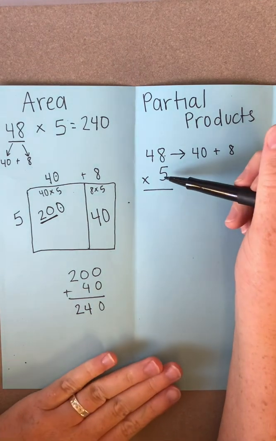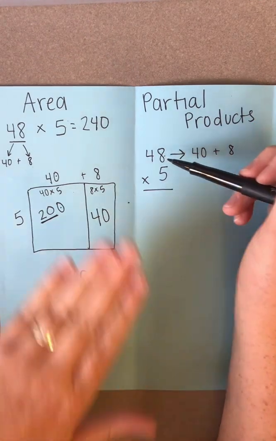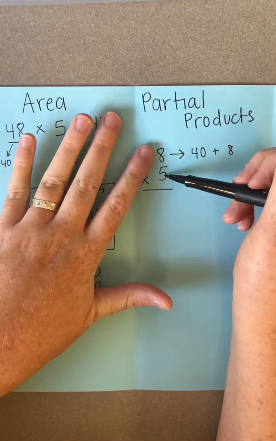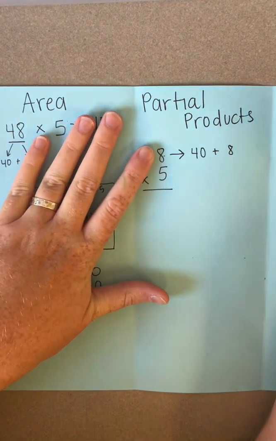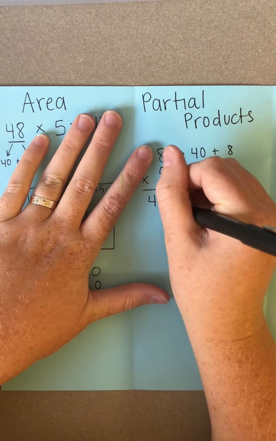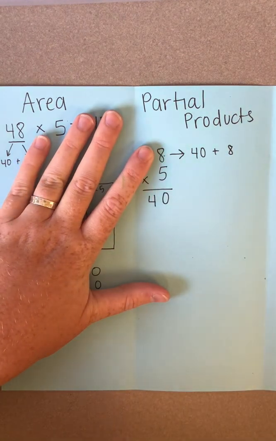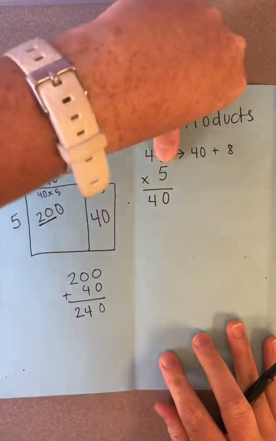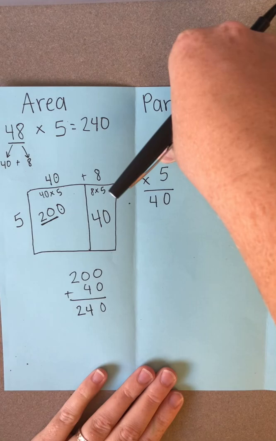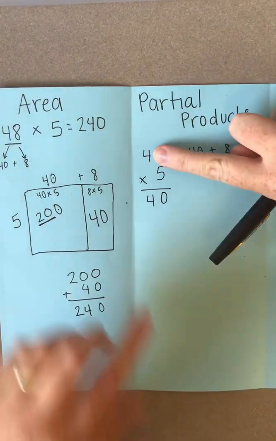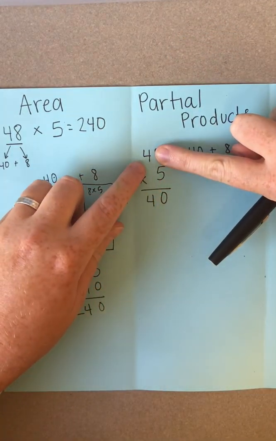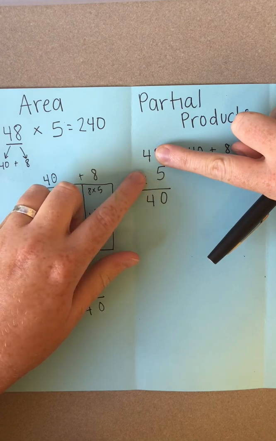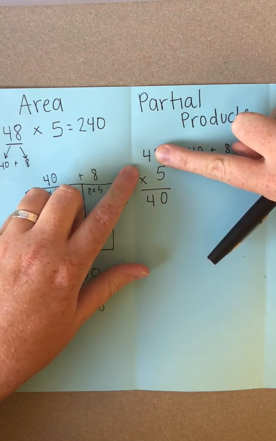So partial products, we're going to start with this one right here, our 8. So we're going to go 5 times 8 is 40, and write that down. That's our first partial product. That's the first product we got. And then we finished with this 8, so we're gonna go 5 times 40, not 5 times 4, 5 times 40.